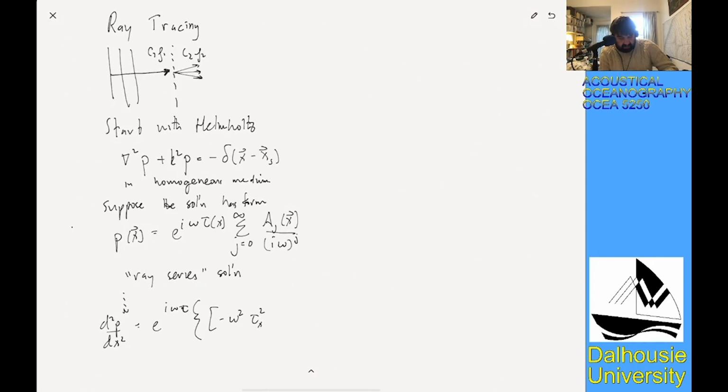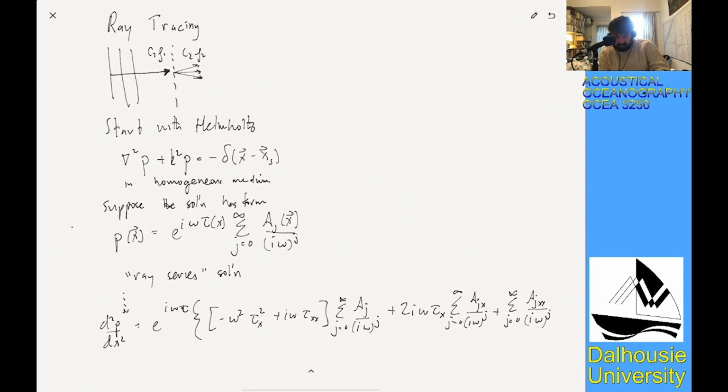So we have the gradient of tau, i omega times the second order derivative of tau with respect to x, and then the sum A_j over (i omega) to the j, and then we'll have a 2i omega gradient of tau times the sum of the gradient of A_j over (i omega) to the j, and then we'll have one where we've just taken the sum of the second order derivative of A_j with respect to x over (i omega) to the j.